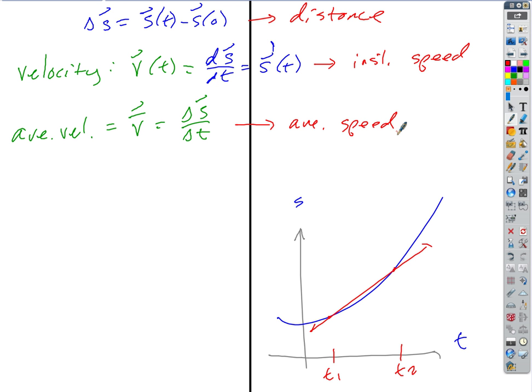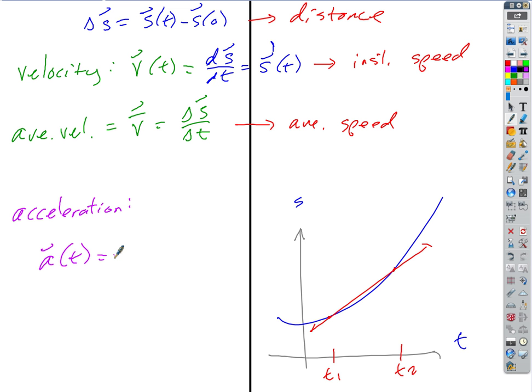Okay, last thing on here, and then we'll be done with this. What's the next level then? Velocity is the rate of change of position with respect to time. What's acceleration? Instantaneous, so we're talking a of t.